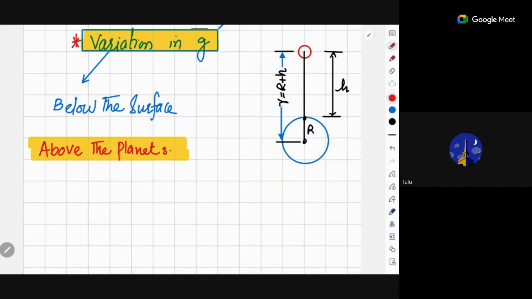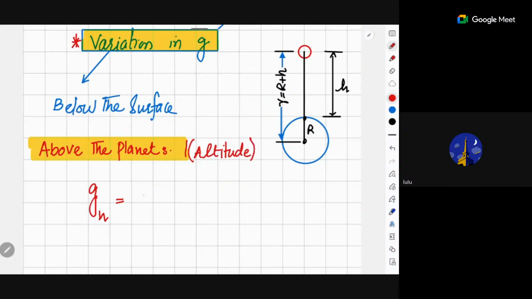As I told you, G at a certain height, what do we call it? Variation with altitude.